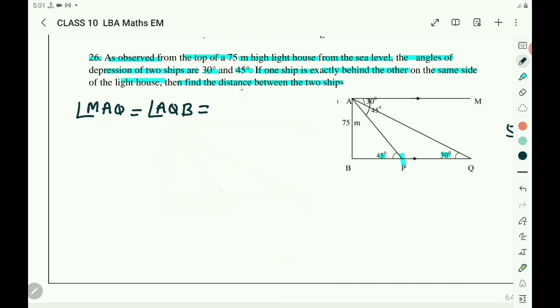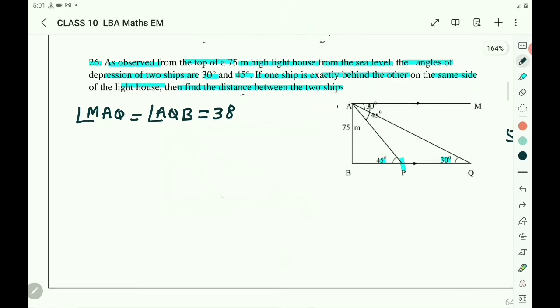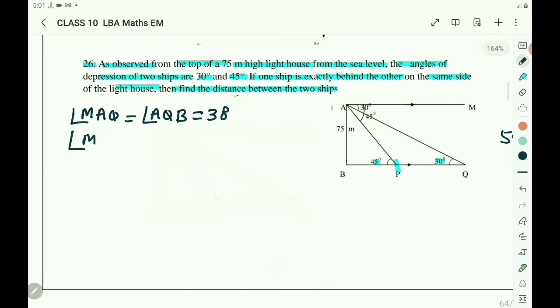Both are equal to 30 degree. And angle MAP is equal to angle APB. Both are equal to 45 degree.